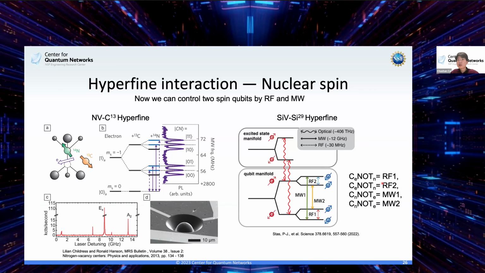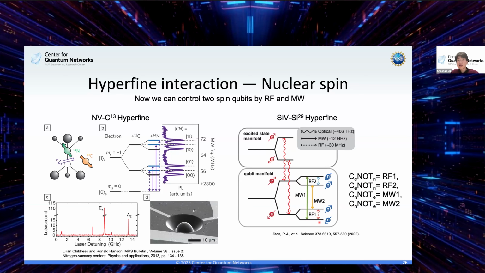Let's take an example here. If you just use the RF1 tone to work on your qubit manifold, say you have a superposition between this state and this state, the up and down state.